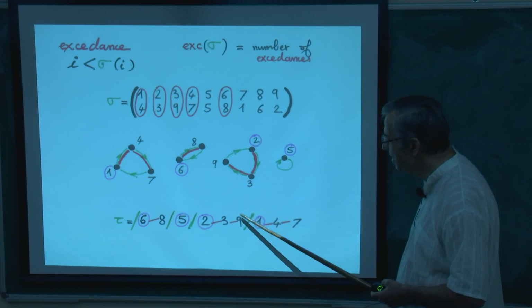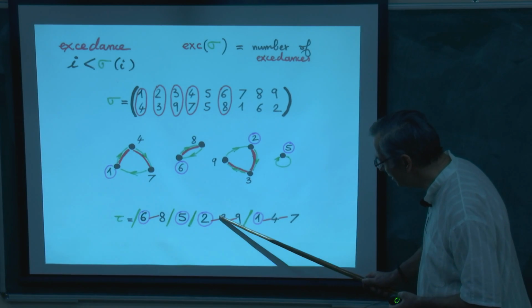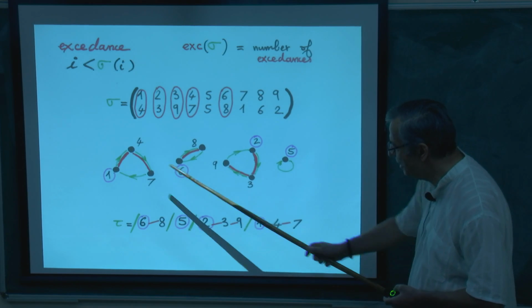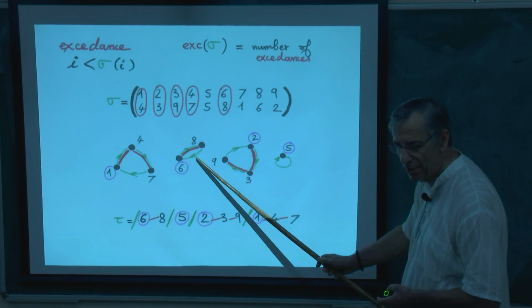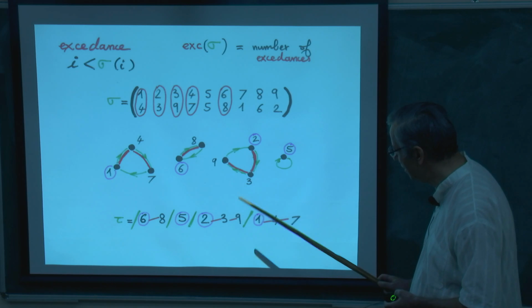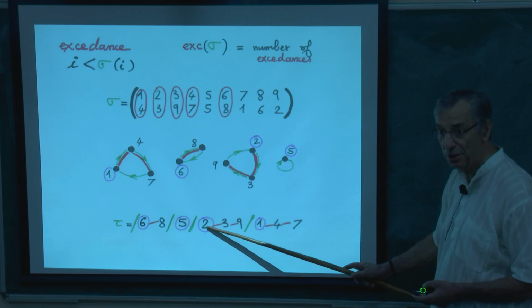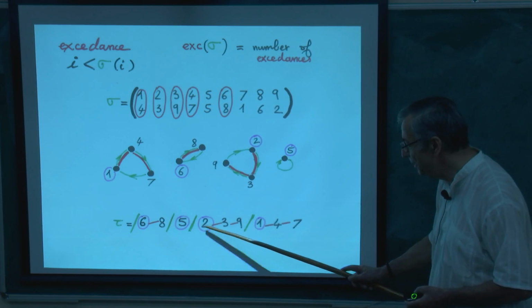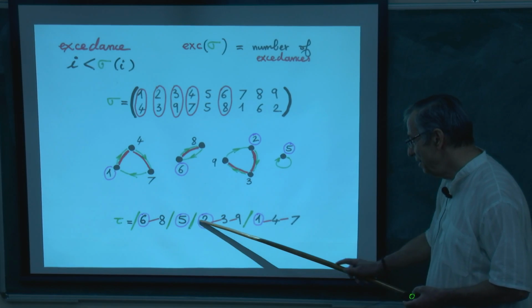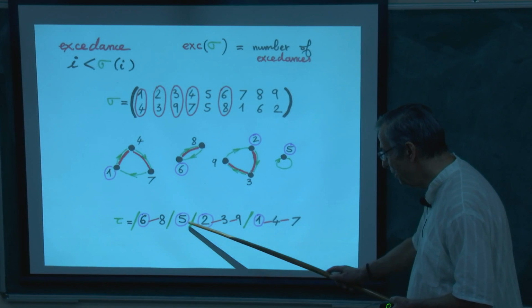But then I claim that the number of edges in red inside the block, where there is a rise, corresponds exactly to the number of edges in the cycle where there is an exceedance. So you have to check something. You have to check that between two blocks, when you go from here to here, there is not going to be a new rise. But this is because this is the minimum element of something.